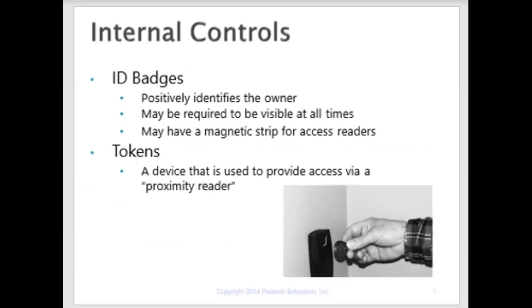We can also use ID badges, right? With your name on it, your picture on it, and that sort of thing. Never let people take a picture of somebody wearing their ID badge, because we're giving away information and that could be copied. We may even want to have a chip with a digital certificate on our ID badge. That would be something good to consider.